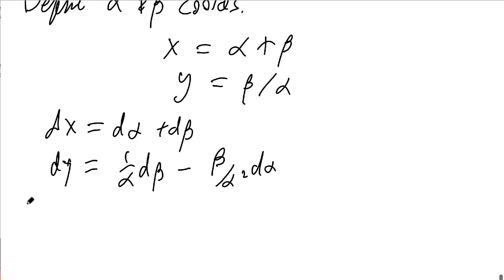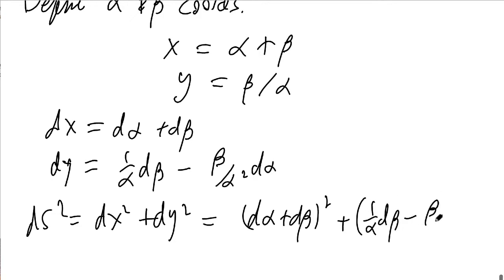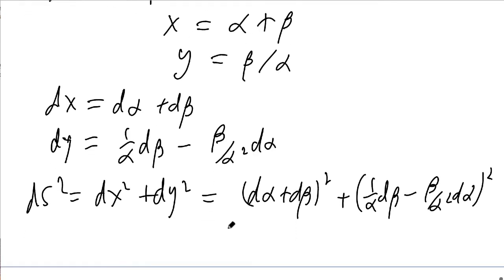And now we can plug that into the line element in terms of Cartesian coordinates, and we have (d alpha plus d beta) quantity squared plus (1 over alpha d beta minus beta over alpha squared d alpha) quantity squared.